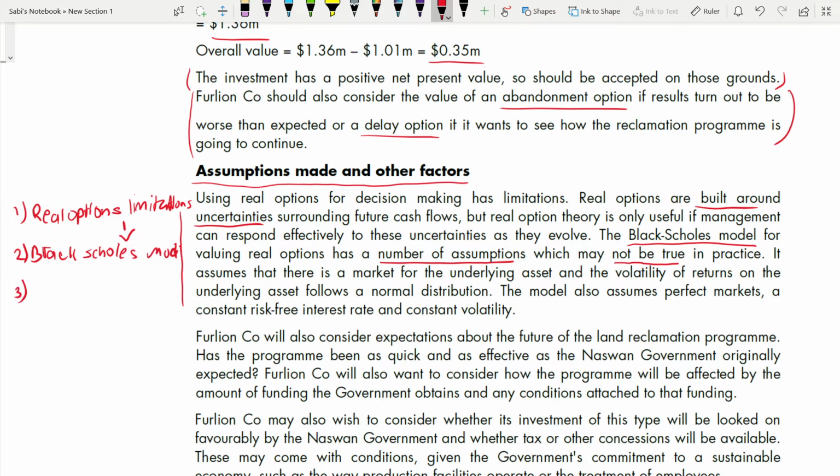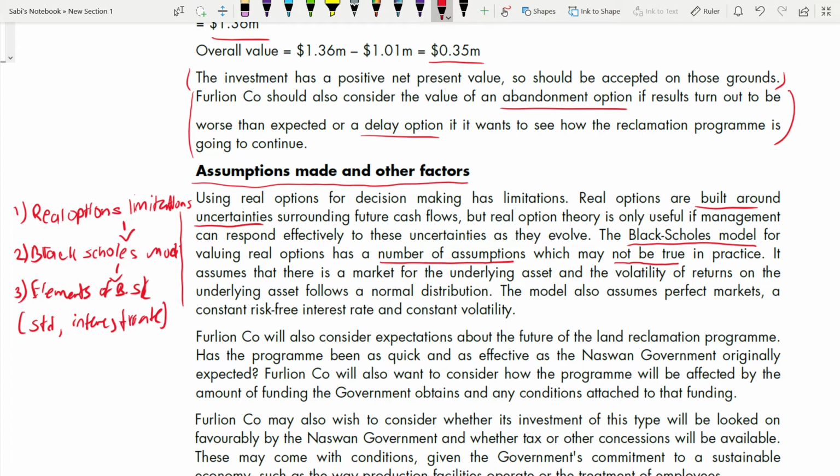From the Black-Scholes option pricing model, you are going to what? Elements of Black-Scholes. I'm writing B. What are those elements? Okay, I'm writing here. Mostly it is STD, standard deviation, and interest rate. Because these are the two rates which change, but we assume it does not change.